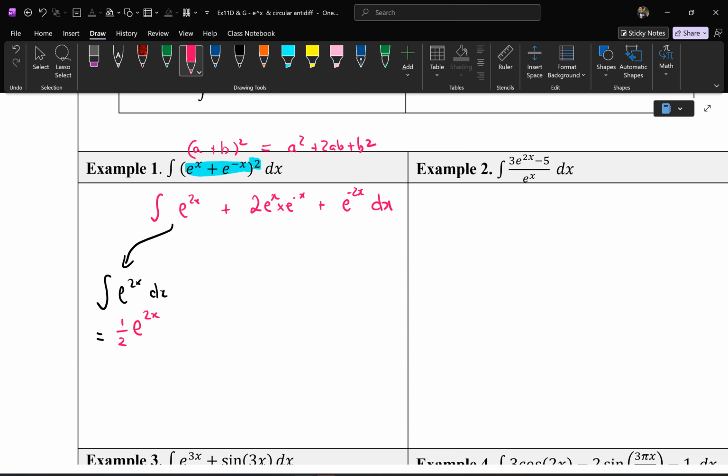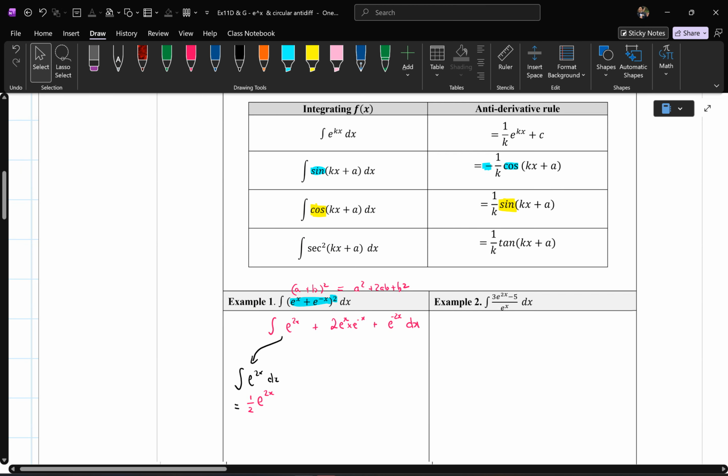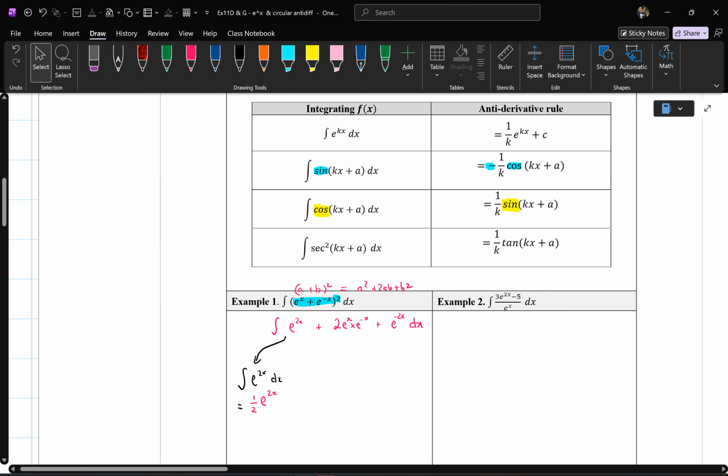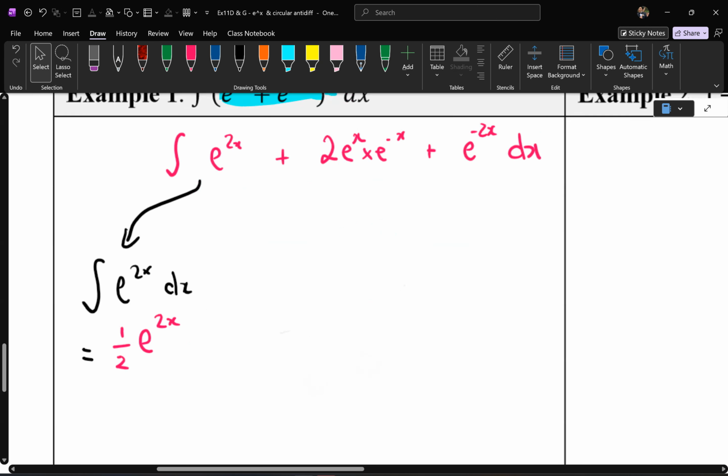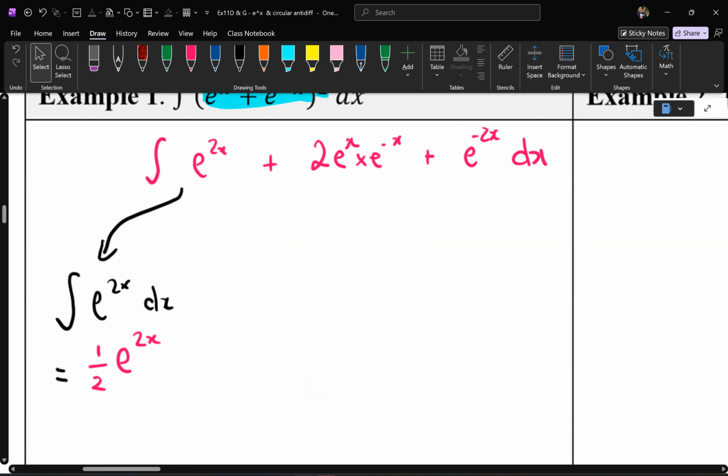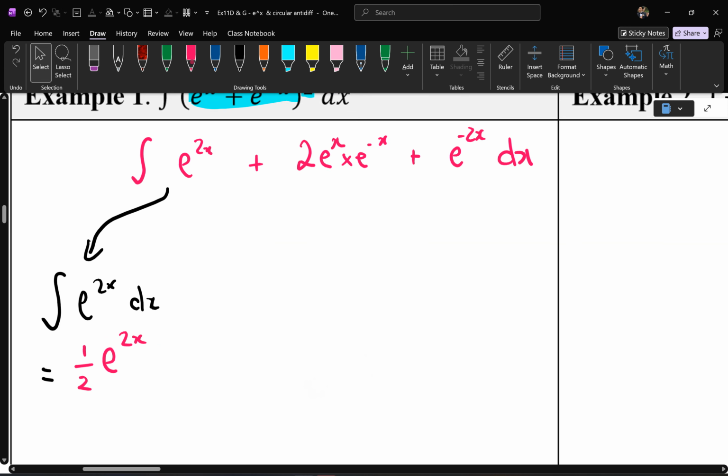Beautiful. Okay, so if we just go back to the rule, for those who are watching the video, you can see k is the coefficient of x, so it's 1 on k, e to the kx. Don't need to put the plus c yet because I'm going to antiderive them all individually. So here we go. Let's do the next one.